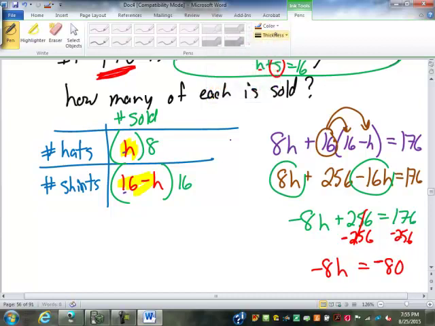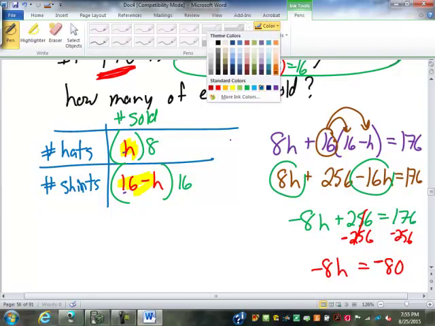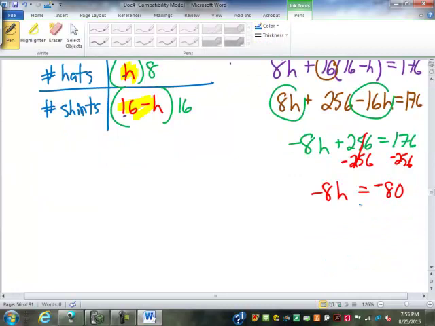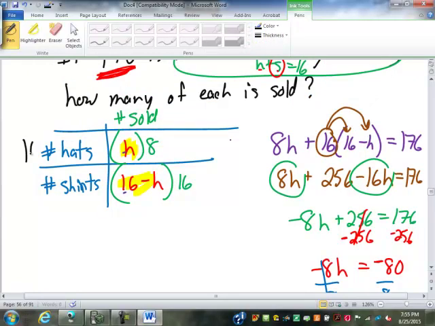And then divide by negative 8. So H equals 10. So what's that tell us? 10 hats and 16 minus 10, or 6 shirts. Perfect.